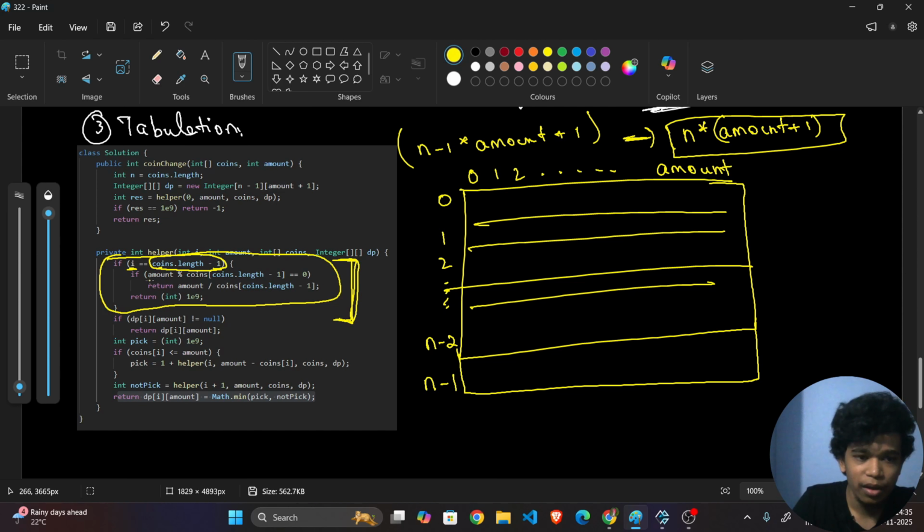So see here, I want to go across all the last index, like means the last row, at this particular row, the n minus 1th row, and I want to just take the amount mod the coin's last index value, which is equal to 0 or not.